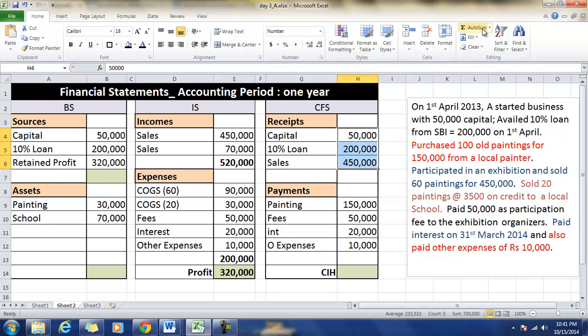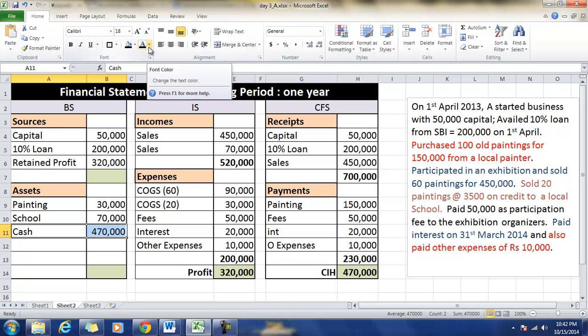Now let us find the cash in hand. Cash in hand is equal to cash available minus cash payments. So cash in hand is equal to 700,000 minus 230, so 470, and cash is an asset.